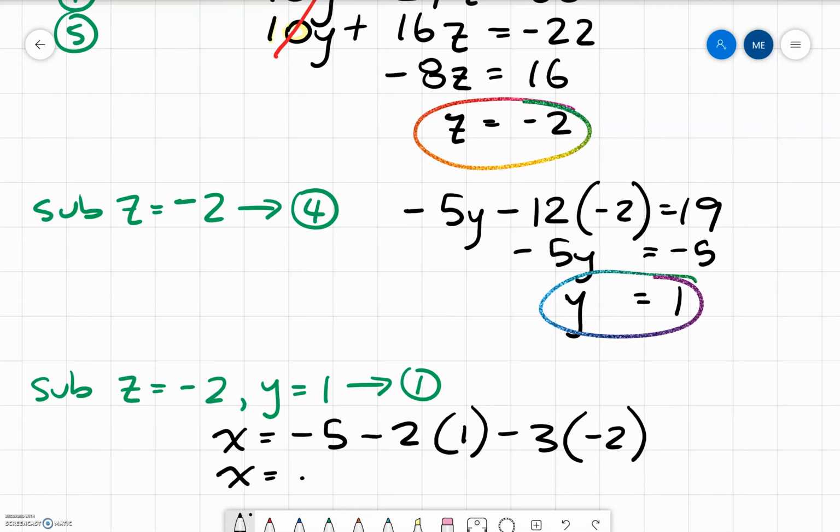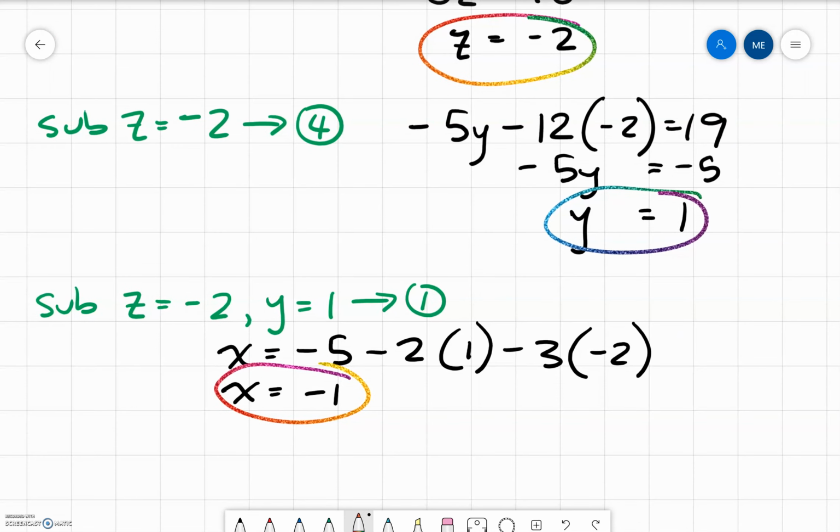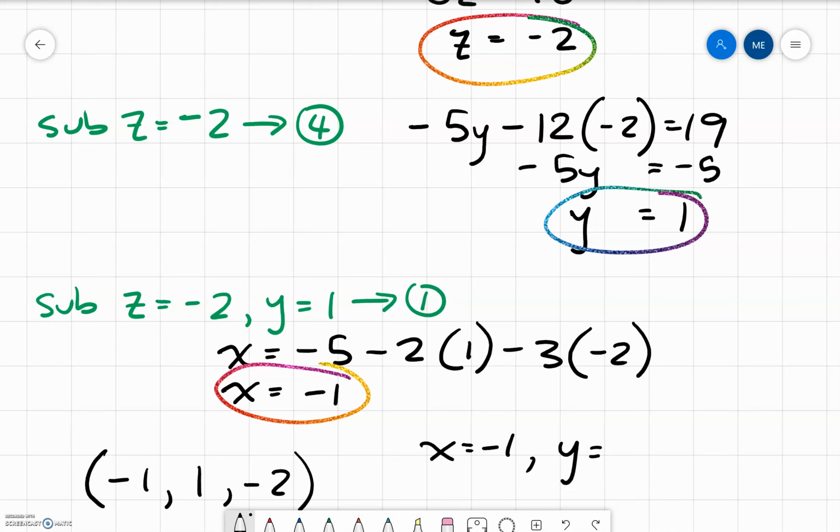Therefore x equals negative 1, which is my third solution. So what I've found is that the point of intersection for these planes is negative 1, 1, negative 2, or this could be written as x equals negative 1, y equals 1, and z equals negative 2. So that's one way to solve this.